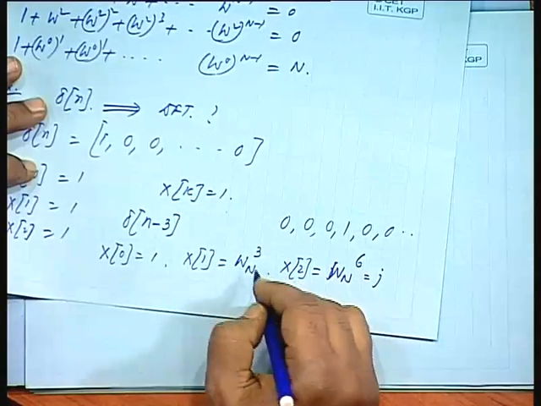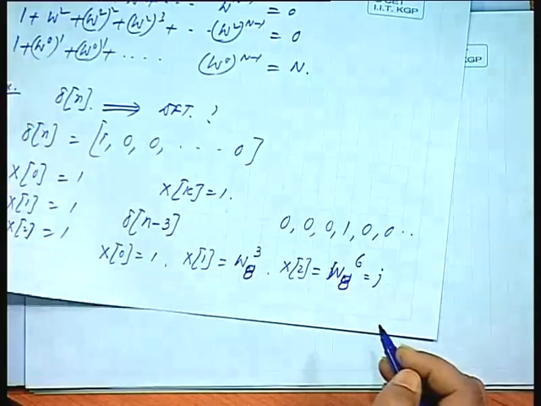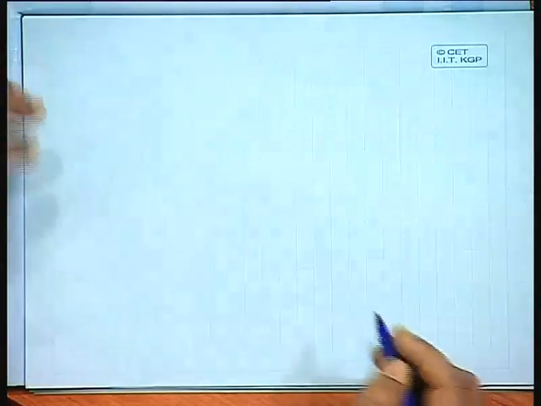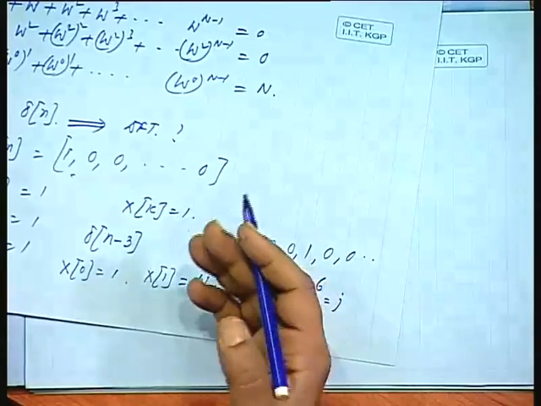We have taken N equal to 8, we should put 8, then it will be clear. Yes, we are considering only an 8-point sequence for ease of understanding. You change the value of N, obviously these values will change. Okay. So, this is how you can obtain the DFTs.